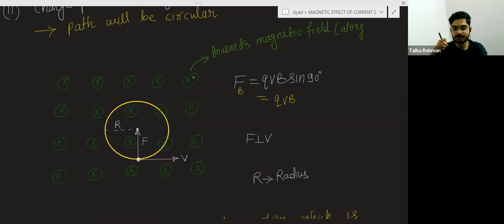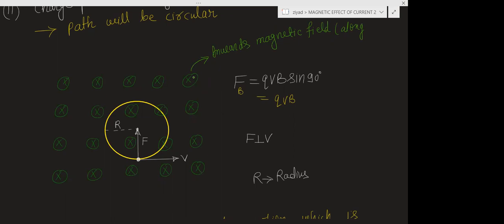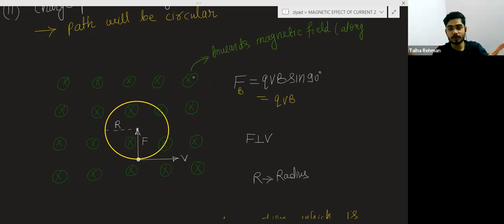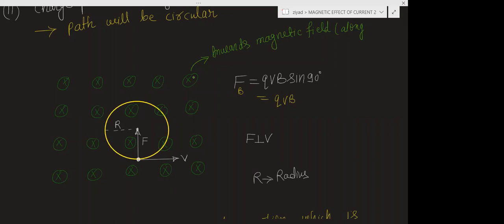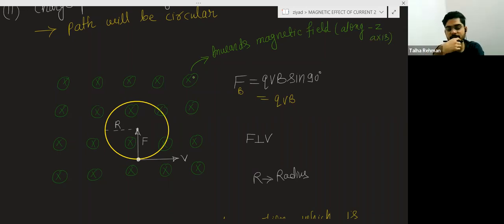Means magnetic field lines are going into your screen. If magnetic field lines are coming from your screen towards me, then in that case I can say the magnetic field is outwards, along positive z axis. So this is a very simple thing.